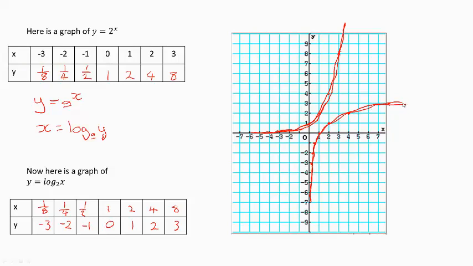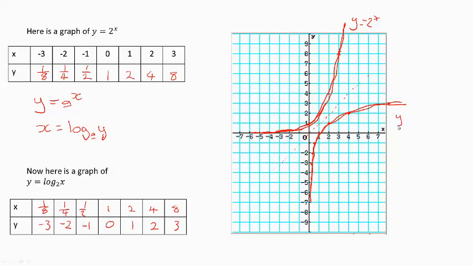When you look at that, you say, well, that looks very much like a reflection. If I draw a dotted line y equals x, you can see that's a pretty good reflection. This one up here, y equals 2 to the x.